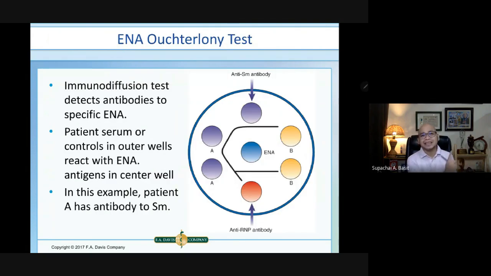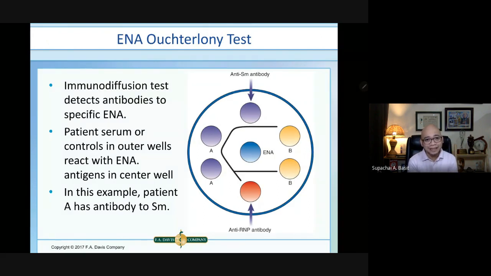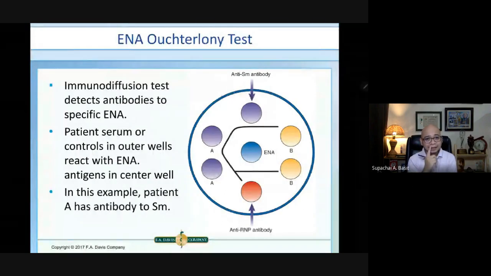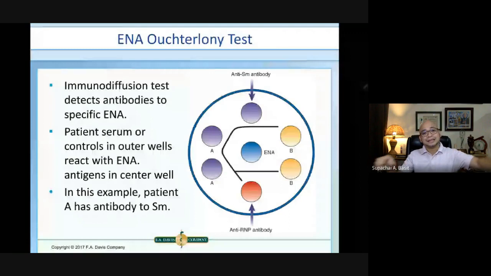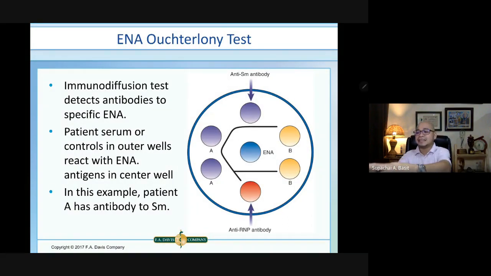Now aside from that, we can also use the Ouchterlony technique. Remember the Ouchterlony technique? The Ouchterlony technique can detect a specific ENA. The immunodiffusion test detects antibodies to the specific ENA.